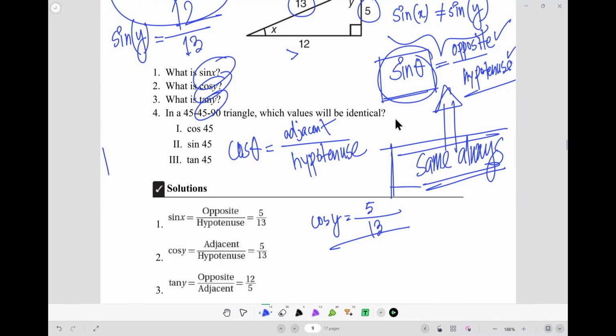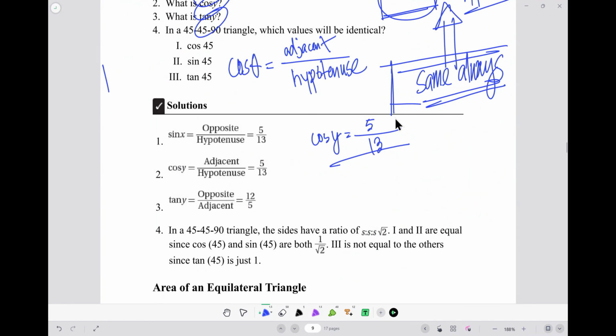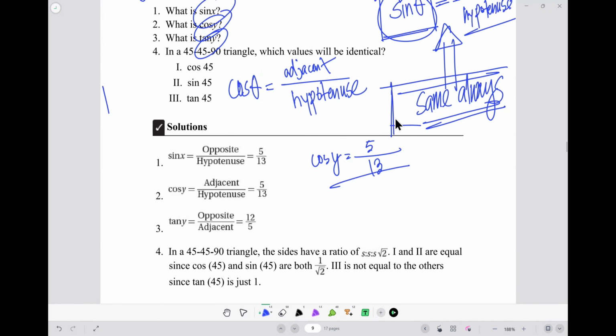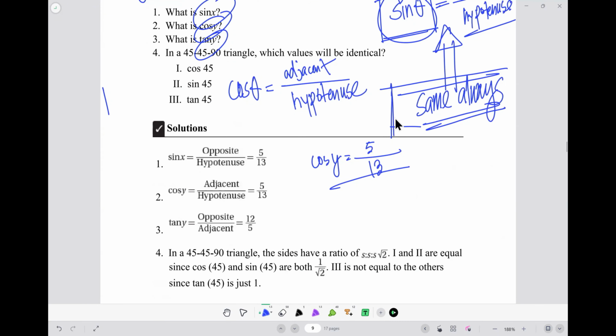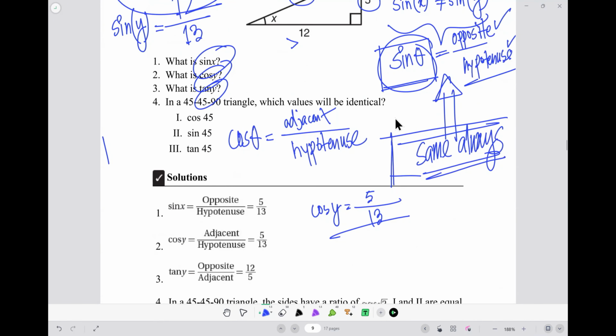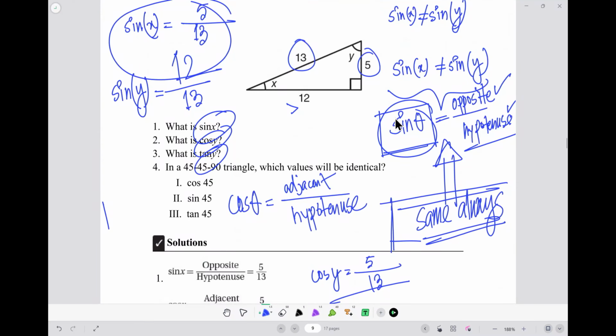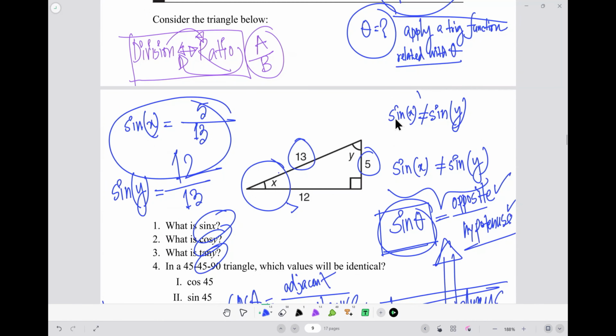The same also happens for the tan function: you just need to apply the definition. Remember the definition, plug in the values, and find the answer. That is very simple. It depends on which angle you are interested in, and from that angle, which side is adjacent, which is opposite, and which is the hypotenuse.